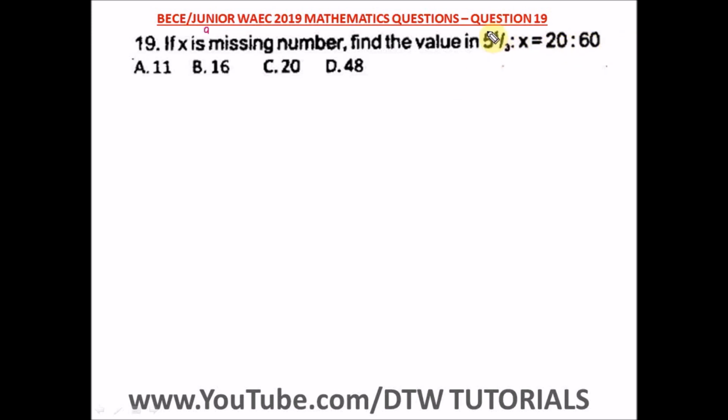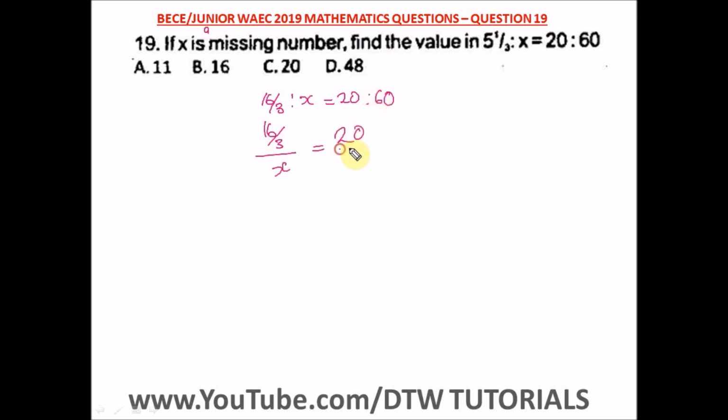Let's convert this mixed fraction to an improper fraction. In converting this we have 3 times 5, which gives us 15, plus 1 is 16. So we have 16/3 ratio x is equal to 20/60.